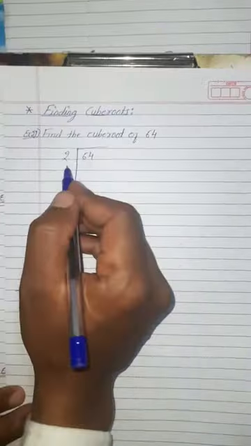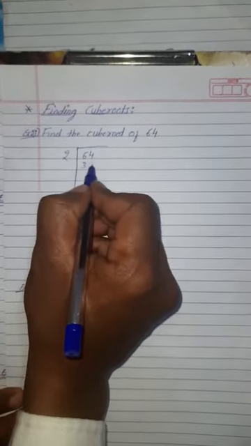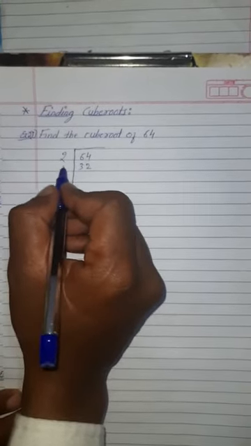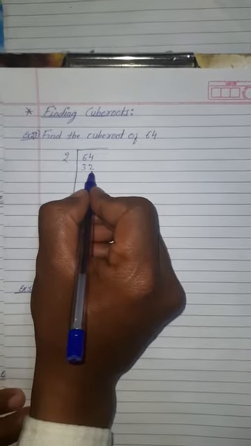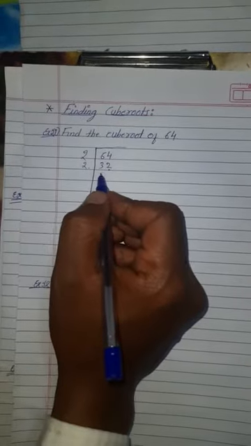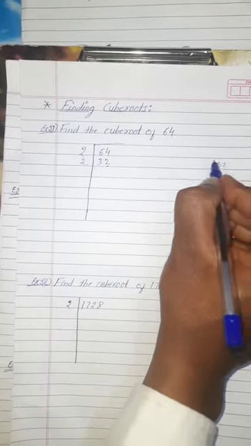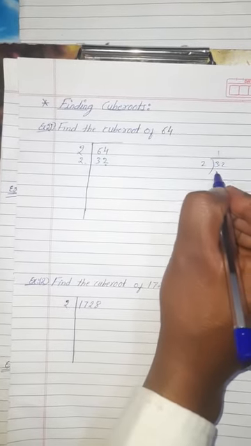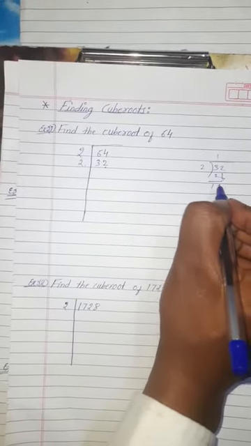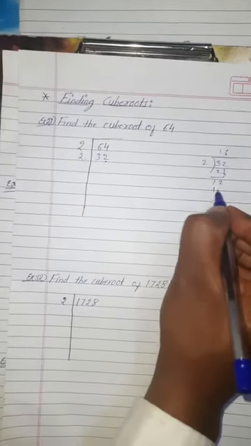Now let me divide it by 2. 2 3s are 6 and 2 2s are 4. Now again in the unit place 2 is there, so this number is divisible by 2. Now if I divide this 32 by 2, what do I get? 2 ones are 2, 1 remains, this 2 will come down, and 2 6s are 12.